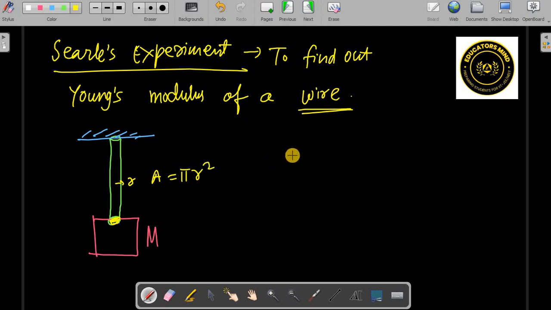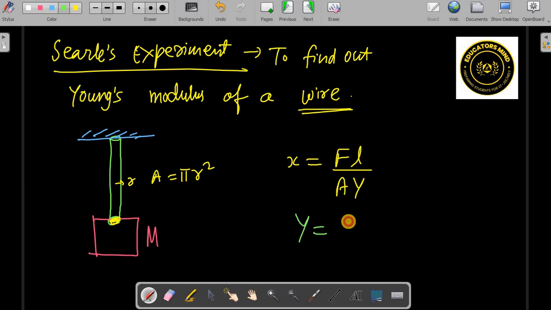The elongation x is given by FL by AY, where Y is Young's modulus. Generally Young's modulus we write by Y, because E refers to anything, it can be shear modulus or bulk modulus, but Y is for Young's modulus.